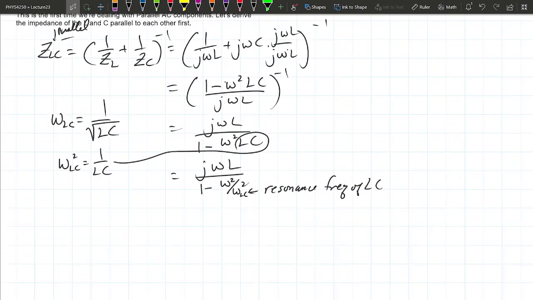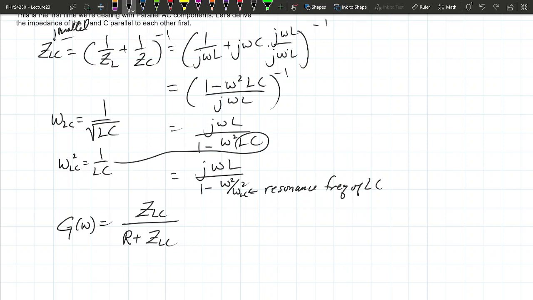Okay, so let's calculate the gain. The gain is going to be a function of the frequency. It's whatever the impedance of the LC thing is plus R, over the impedance of the LC. That's our R2 over R1 plus R2.